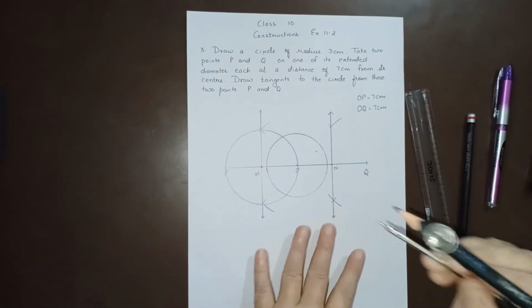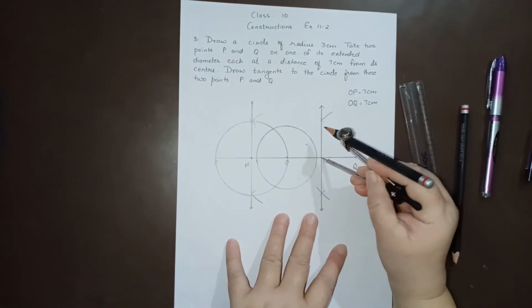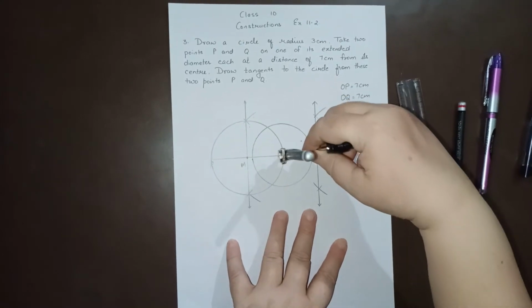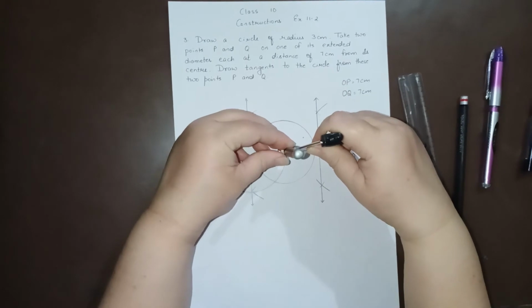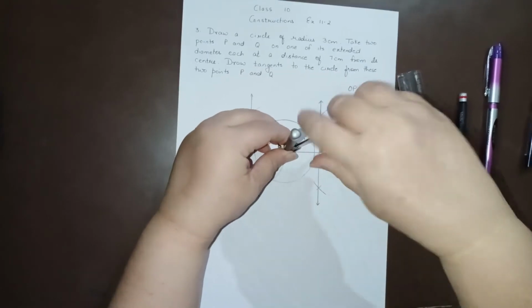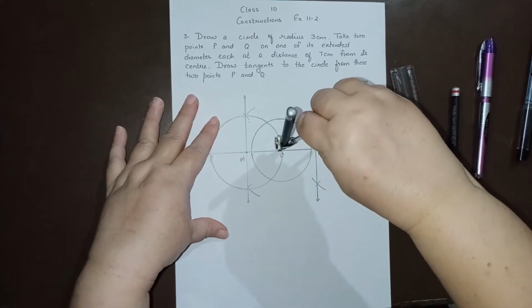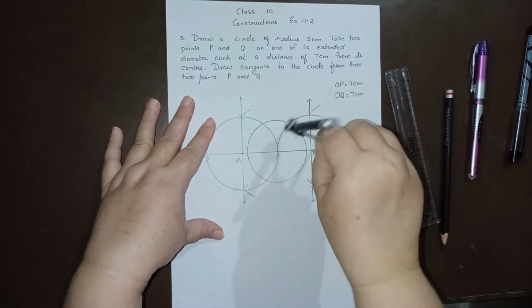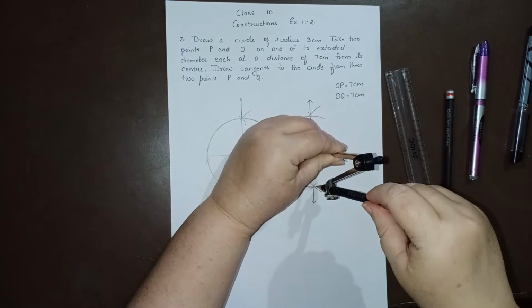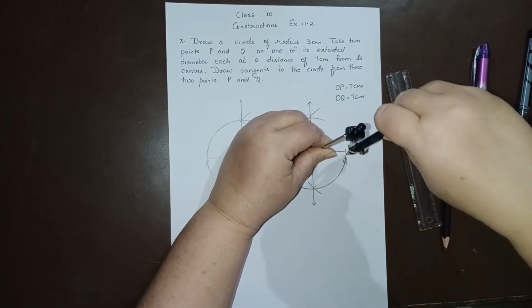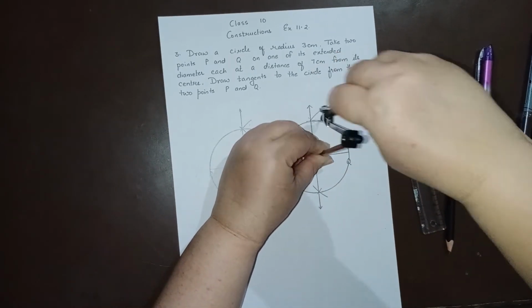Similarly, since you have to make tangents here also, you will draw another circle like this with N as the center and ON as the radius.